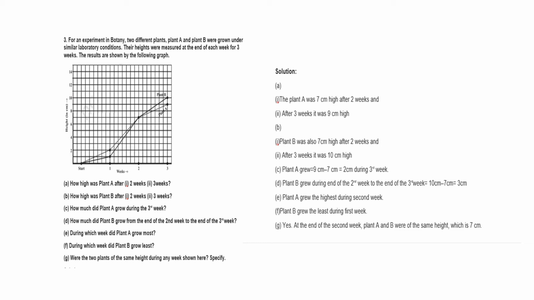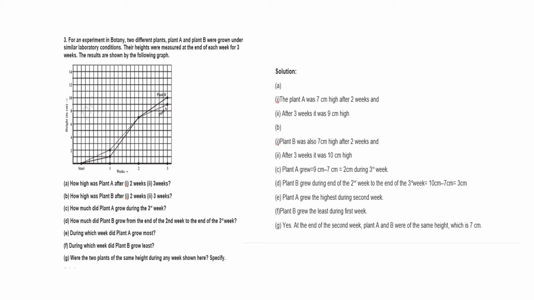Now our next question is, how much did plant B grow from the end of the second week to the end of the third week? Same question, it is 7, it is 10, so the difference is 3.